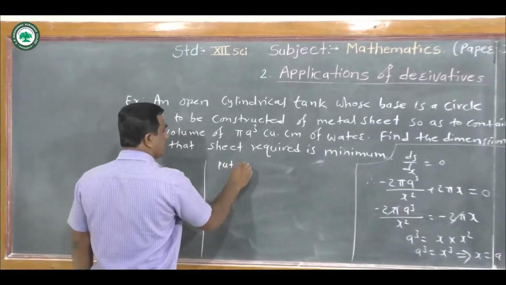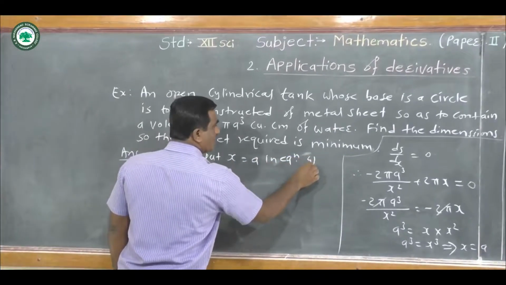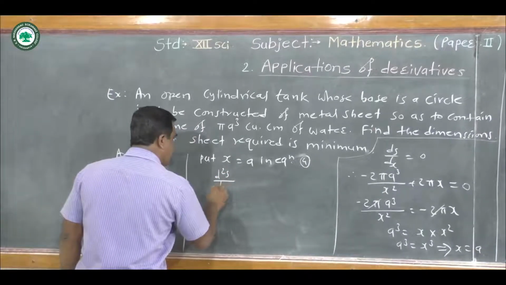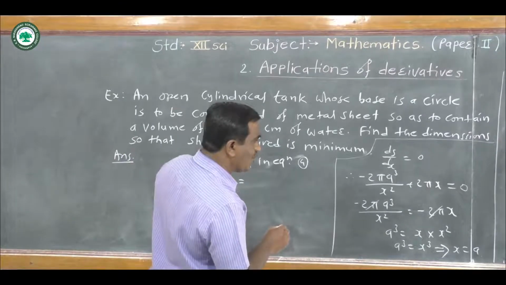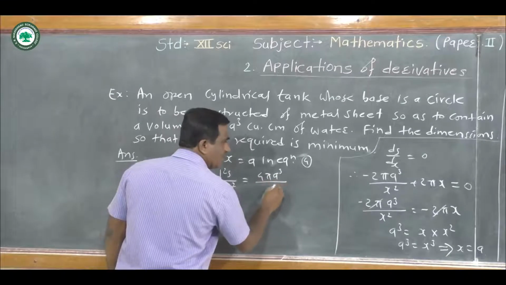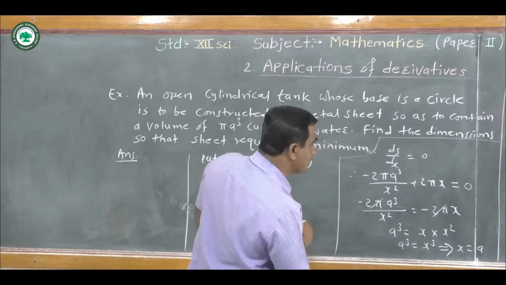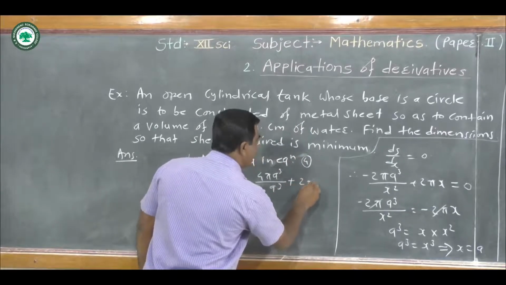Therefore, we can write here d square s by dx square is equal to 4 pi a cube upon the value of x, a cube, plus 2 pi.